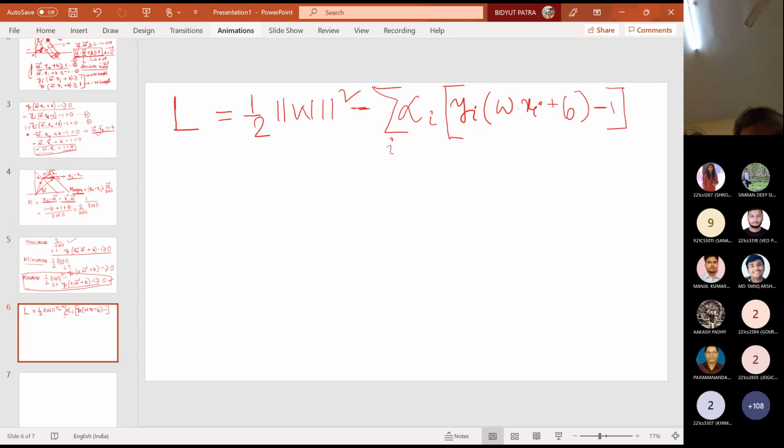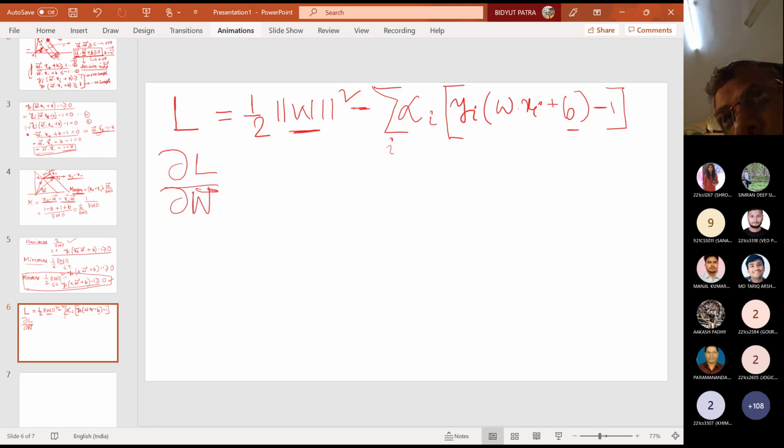Now if you have a function and want to optimize it, either minimize or maximize, we take the derivative of the function and set it equal to 0. There are two variables here, as I said from the very beginning: the vector W and b. With del L by dW, we have to take the derivative with respect to a vector.